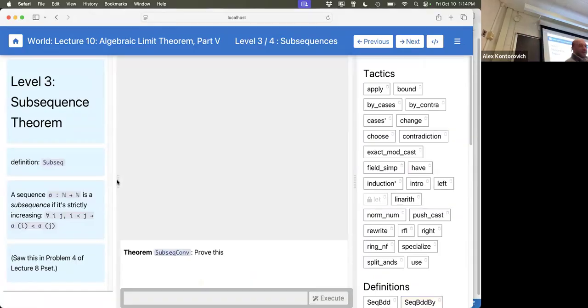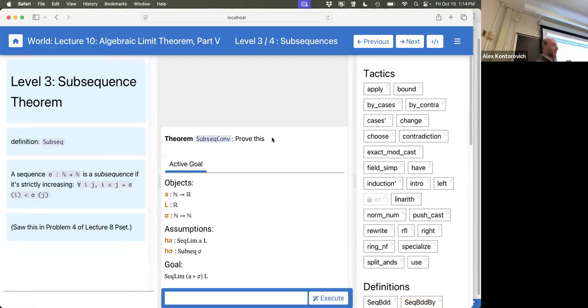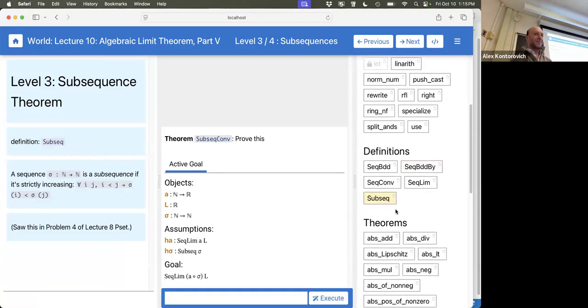Let's talk about subsequences. We have a new thing called subseqs, a new definition. Check this out. We have a sequence A. We have a number L with AN going to L. We have a function sigma from the naturals to the naturals with the property that it is a subsequence.